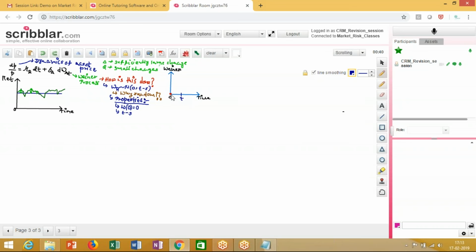So what is the total increment that has happened over the time? The total increment is t minus 0.